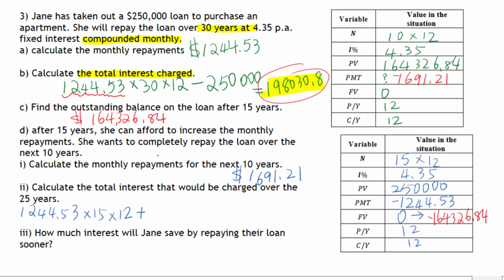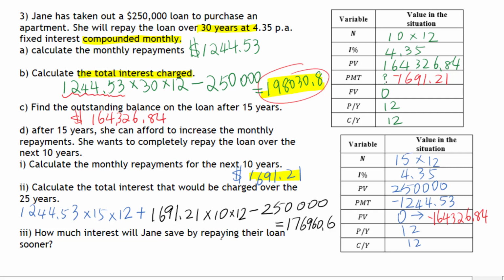Then plus, this is the monthly payment in the last 10 years. So we add 1,691.21 times 10 times 12. Then minus the principal, that is $250,000. That equals $176,960.60.